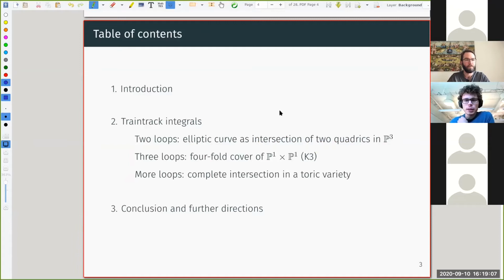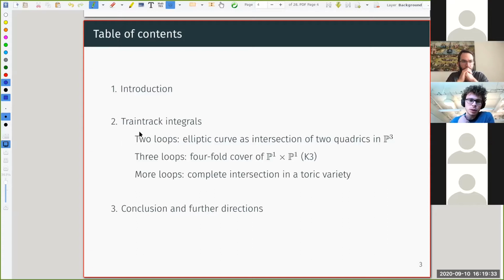Okay, so basically the plan is there will be a brief introduction, and then I will focus on this particular class of integrals, these train track integrals. So these are basically generalized box integrals. And the main results are going to be that for the two-loop integral, we're going to construct an elliptic curve. And this curve will arise at the intersection of two quadrics in a three-dimensional projective space.